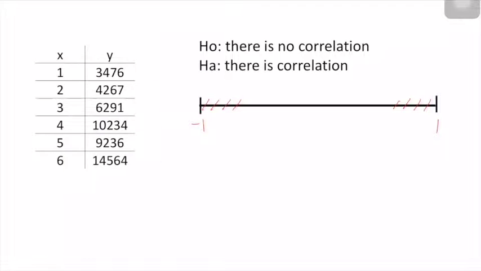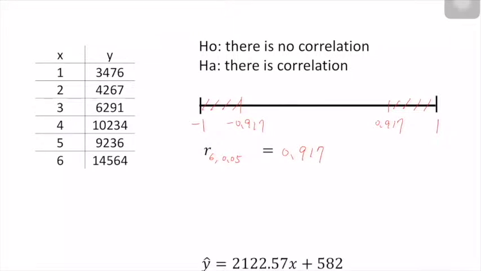And then we need to look at the chart and find out what r is for 6, because the number of data points is 6 and alpha is 0.05, and we get 0.917. Then we type those data into the calculator and find the regression line.